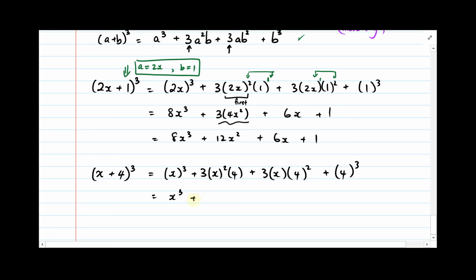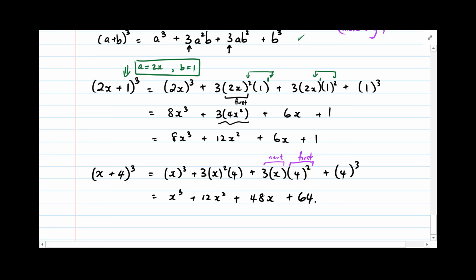We end up with 12x squared. 4 squared is 16. 16 times 3 is 48x. You still have to remember your order of operations. That is, squaring must be done first before you multiply. Right?